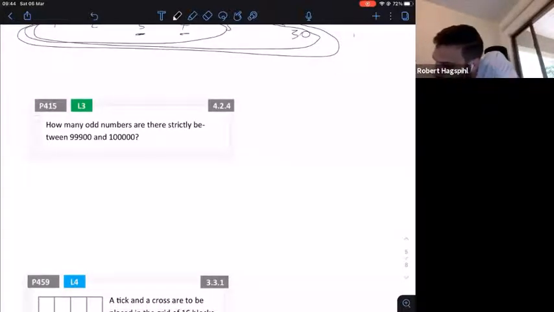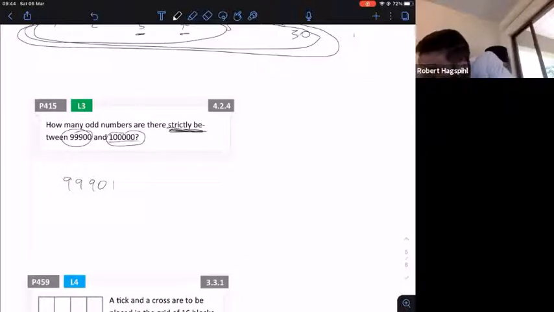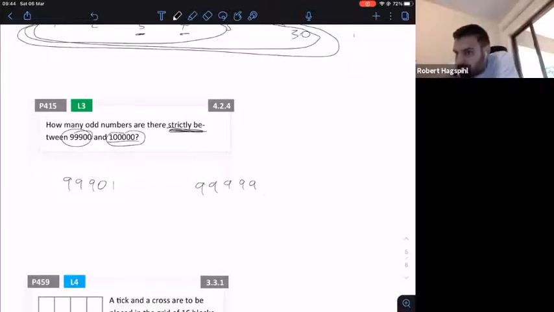Strictly between, so that I'm not including that. So I'm starting there and I'm ending there. All right. So is everybody with me that actually I'm just talking about 1 to 99?